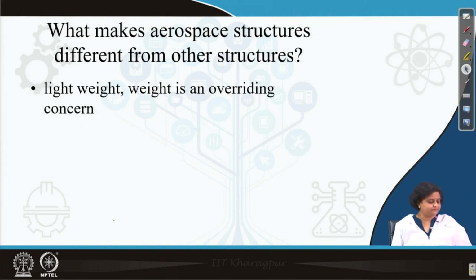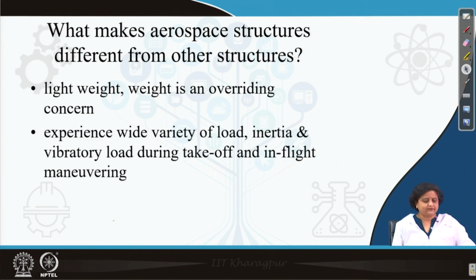to the aircraft. So, the next concern is that unlike a civil structure or a mechanical structure, an aircraft structure undergoes a variety of loads, which could be an inertial load, a vibratory load, an impulse load during landing, and in-flight maneuver.